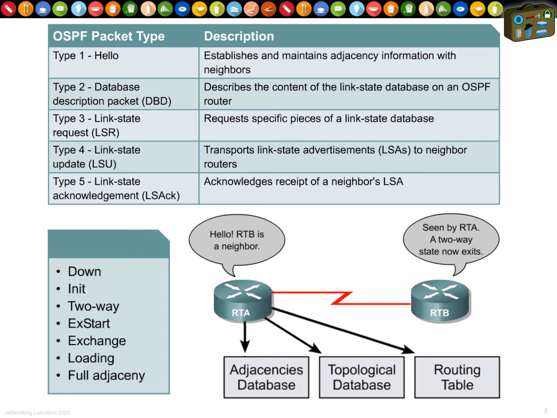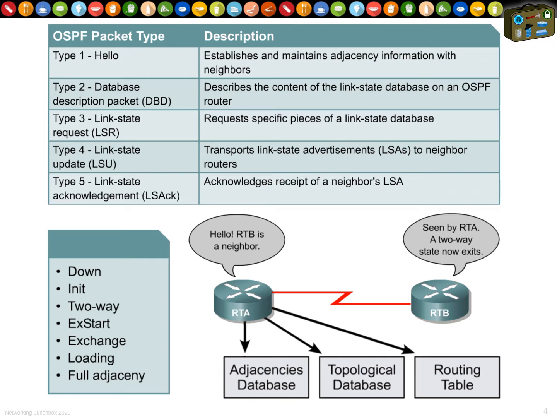The neighbors maintain their adjacency with each other with a series of hellos. And the best thing about the hellos is every single hello has the list of neighbors in that hello. So router A sends out a hello, saying, hello everybody, I'm router A. And then router B says, hello everybody, I'm router B, and I have one neighbor, and that neighbor is router A. So then router A knows that router B knows about it.